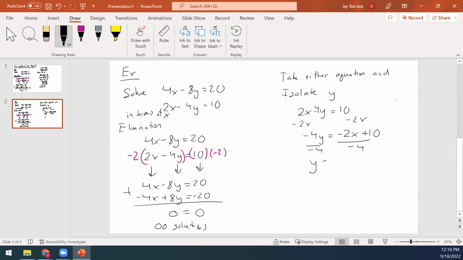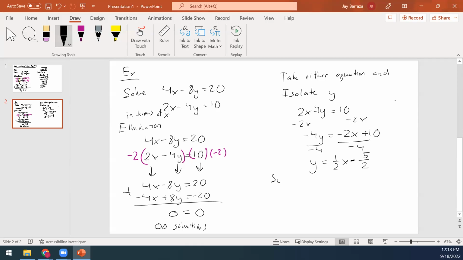And so I get y equals negative 2x, which becomes a positive 1/2 x, plus 10 over 4, or 5 over 2. Okay, but it is a minus sign because positive and negative.